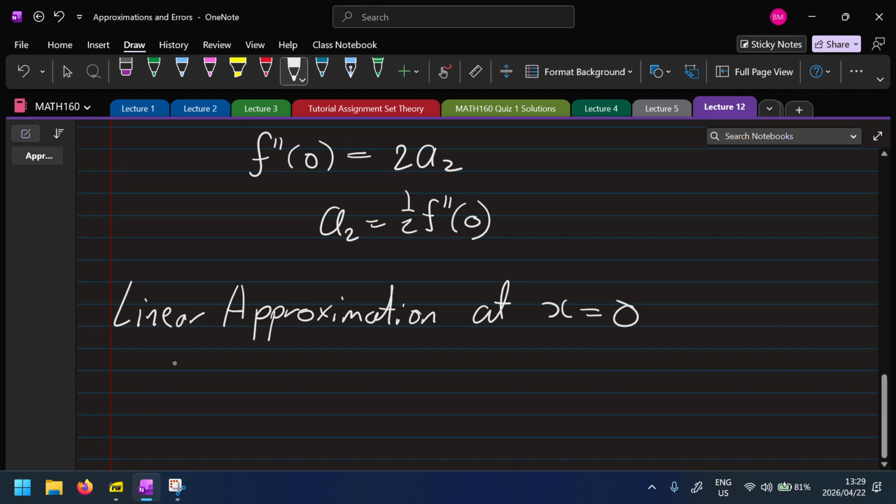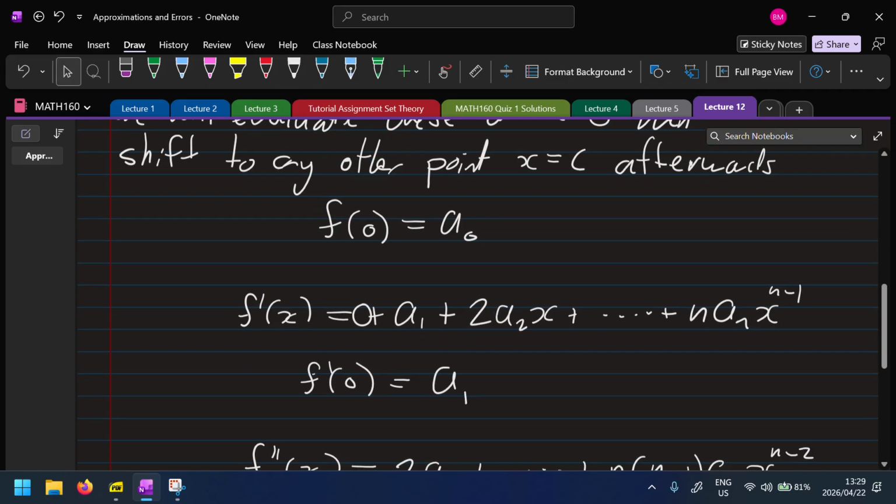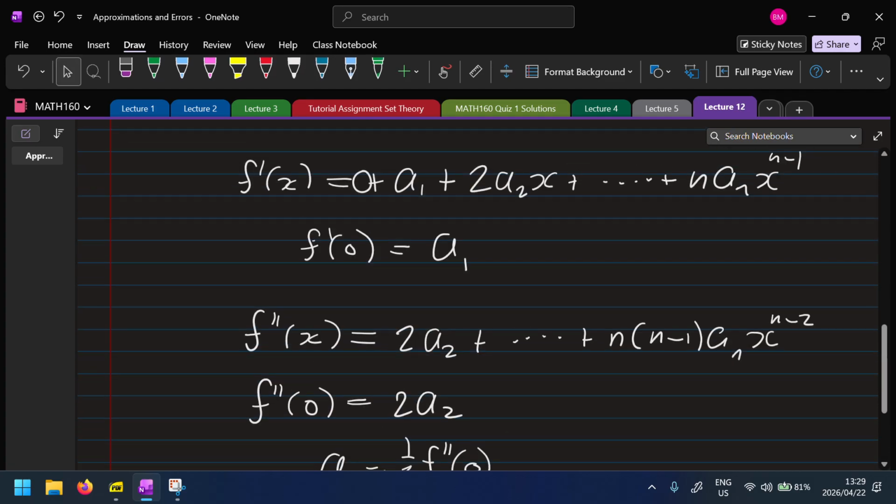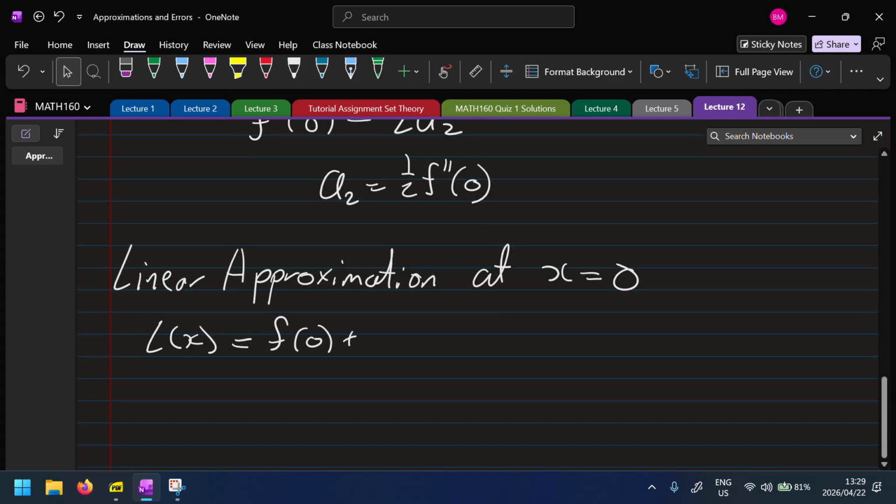So we write it as L of x, L for linear, will be A0 plus A1x. We know what those are. So A0, that was f at 0. And A1, we know what that is. That's f prime at 0, x. Okay, that is the linear approximation at x equals 0.